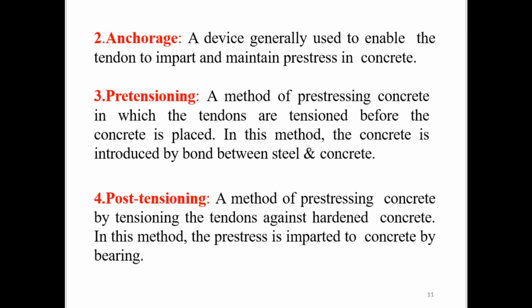But in post-tensioning, concrete will be poured, but wherever we want to place the cable or tendons, we will make a duct inside it, then we will place the tendons and then it is pre-stressed. So, this is the concept of post-tensioning.